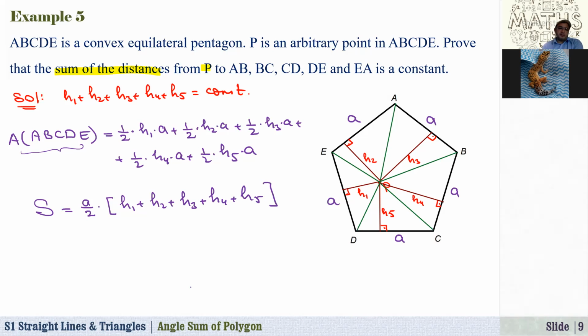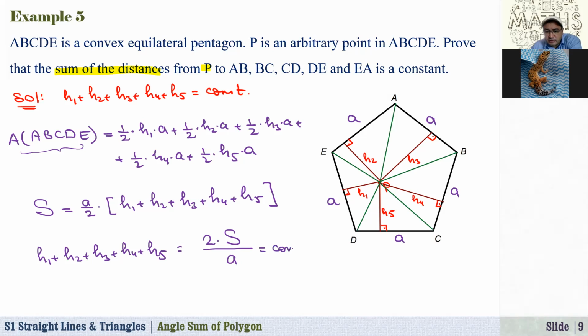Now if I multiply both sides by 2/A, H1 plus H2 plus H3 plus H4 plus H5 is equal to 2 times S, the area of the pentagon, over A. S does not change and A does not change. It's a constant, since we are given any particular pentagon. So on the right-hand side, the area over one side of the polygon is a constant number.